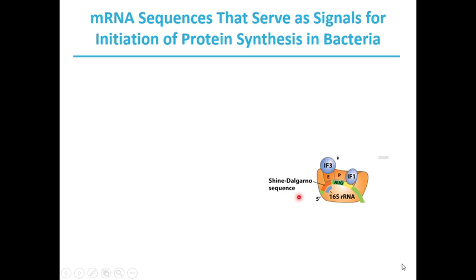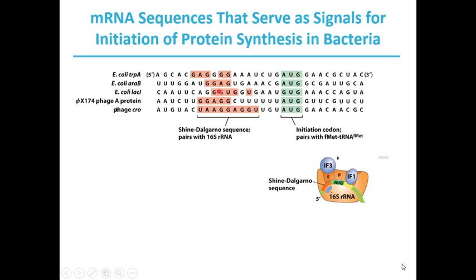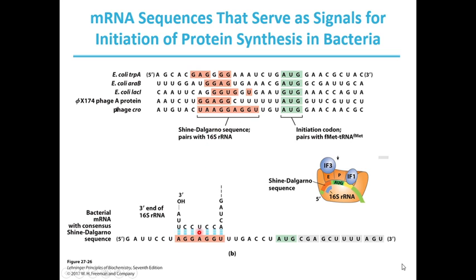The consensus sequence is an initiation signal of about 4 to 9 purine nucleotide residues, and this is about 8 nucleotides away from the initiation codon. This sequence in bacteria base pairs with the 3' end of the 16S ribosomal RNA of the 30S ribosome subunit.